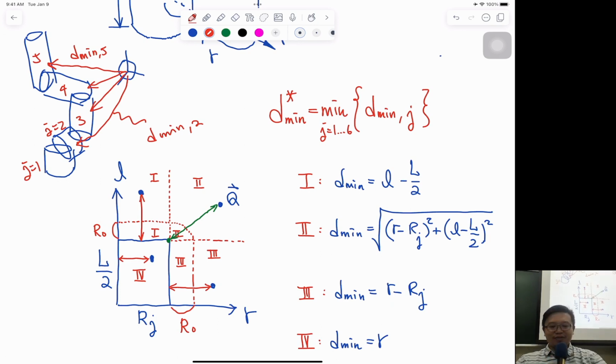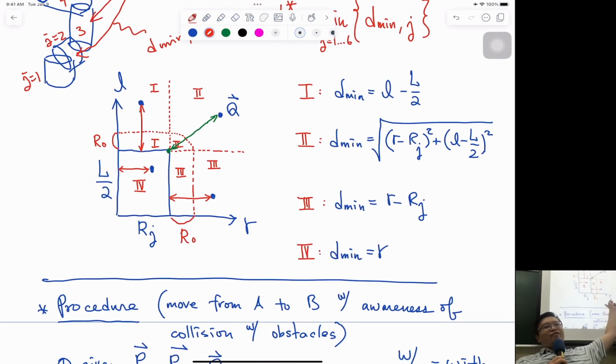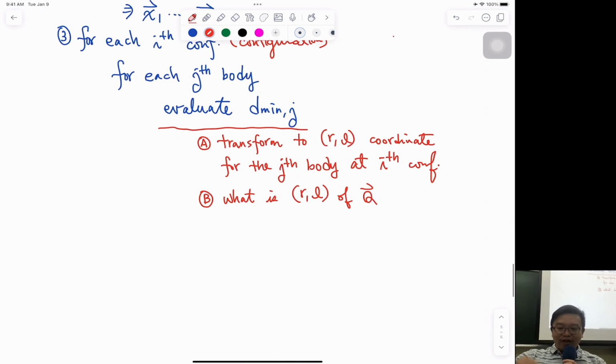Once you have it, then from what I showed you here, you can easily determine the shortest distance between the obstacle and the cylinder. And there are 4 different regions using 4 different equations. So once you have that, then you can compute for the minimum.